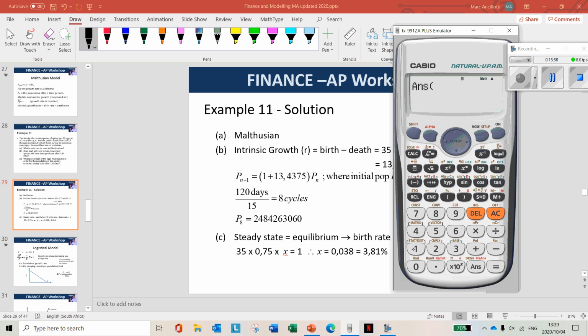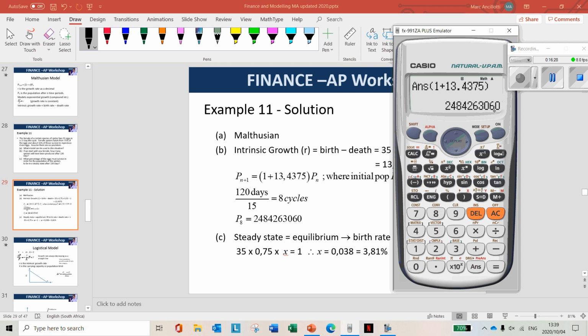Open my bracket, 1 plus this intrinsic growth rate, 4.375, close it. Now we've got to understand we've already generated the first population. So when I press equals, this is the second population, which I can see there. Third, fourth, fifth, sixth, seventh, eighth population. And we'll see, that's exactly the same value that I had over here. So just be aware of that and be able to use your calculator.